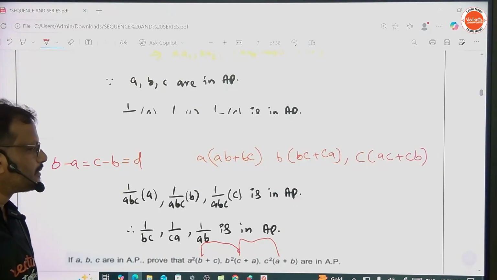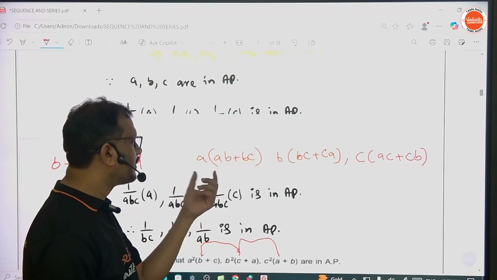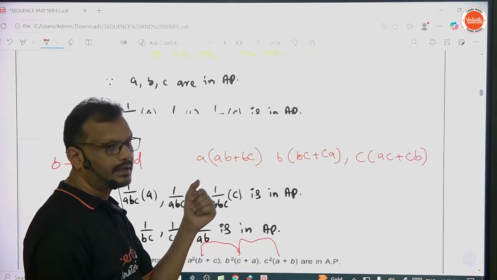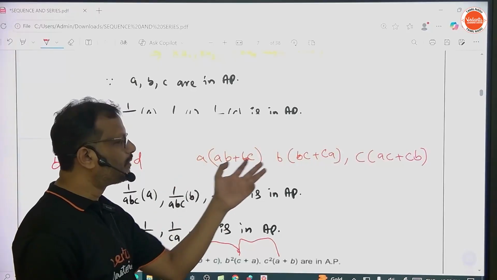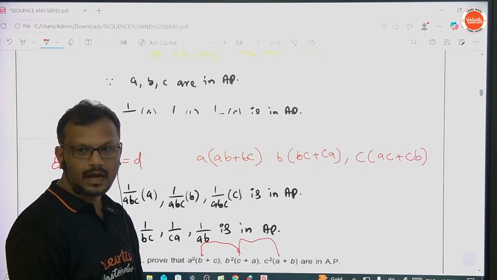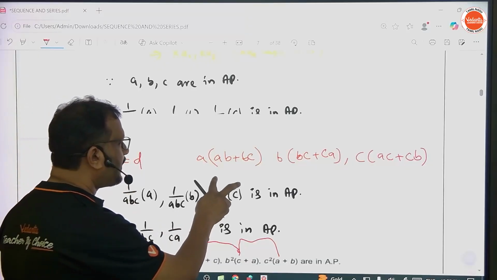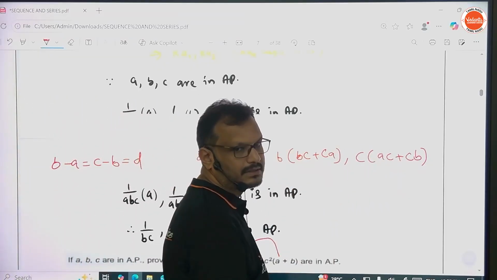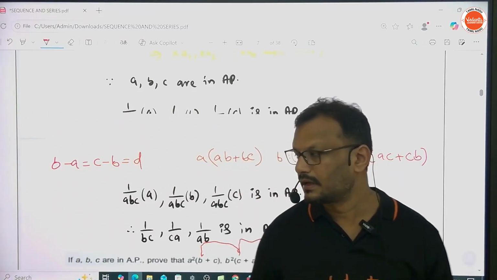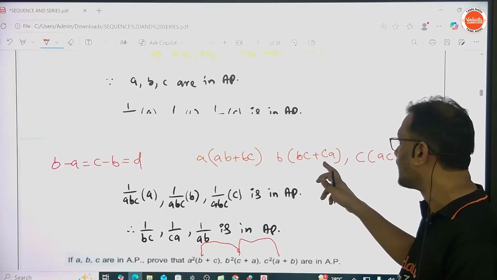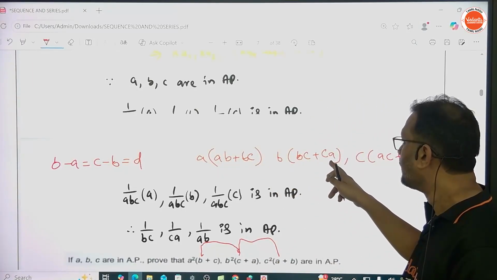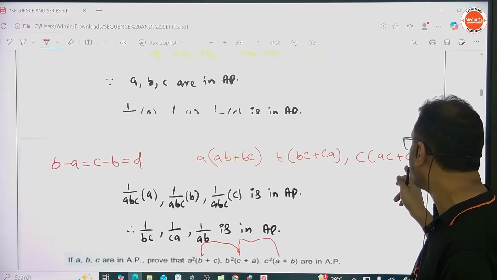For example, suppose you have one more term here, what will happen to that number? ABC are in AP. If I add one more number to these numbers, what is that number? Here CA must be there. Here AB.